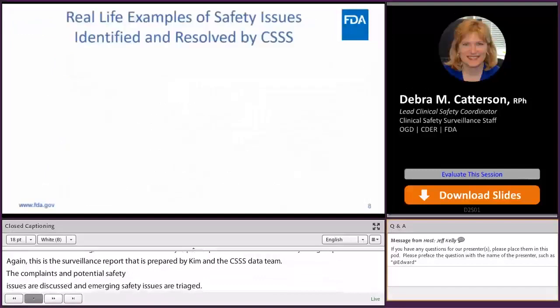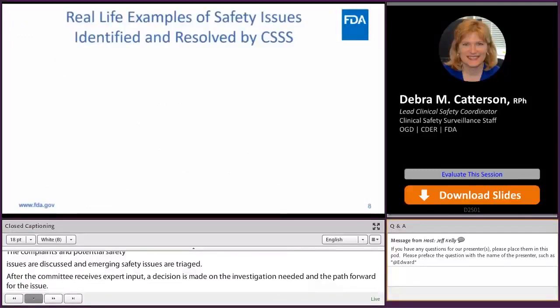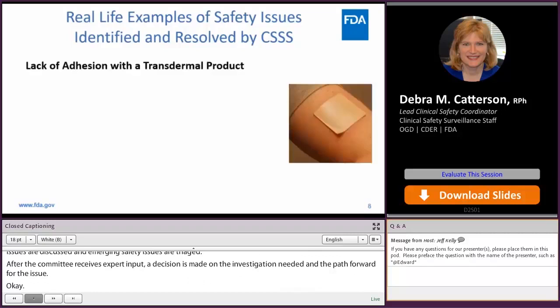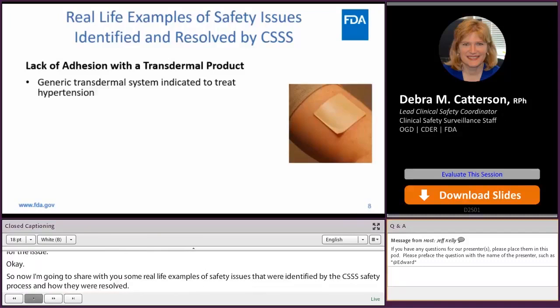Okay, so now I'm going to share with you some real-life examples of safety issues that were identified by the CSSS safety process and how they were resolved. So the first one is lack of adhesion with a transdermal product. This was a recently approved generic transdermal system indicated to treat hypertension.